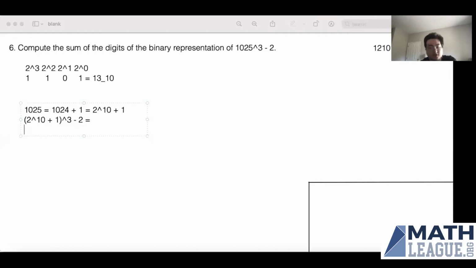You can apply the binomial theorem here. Remember that (x plus y) cubed is x cubed plus 3x squared y plus 3xy squared plus y cubed, right?